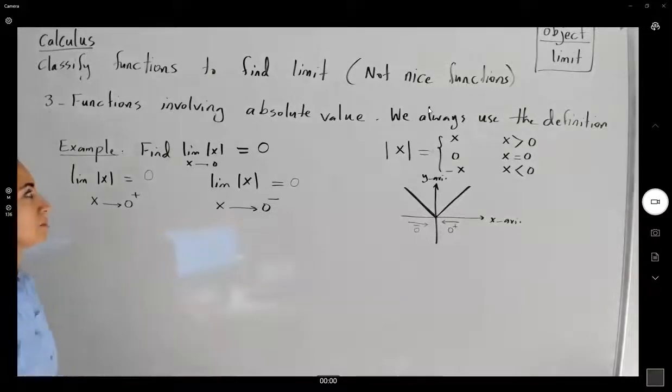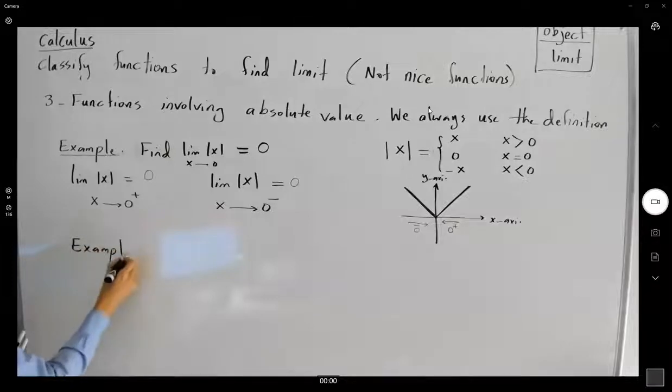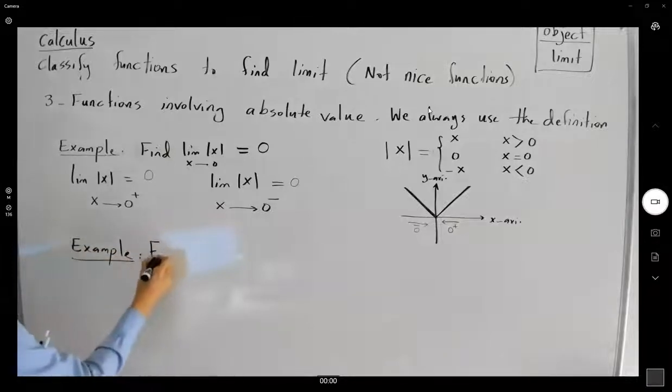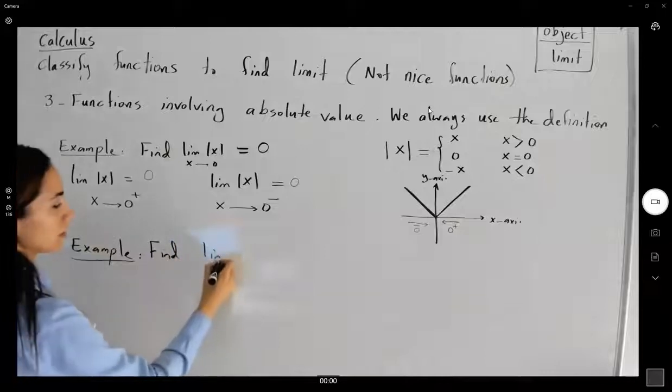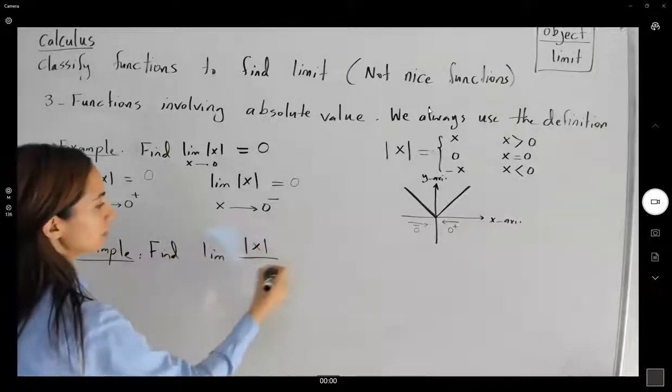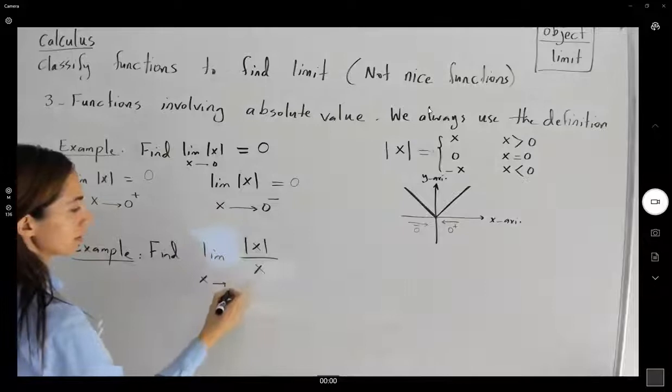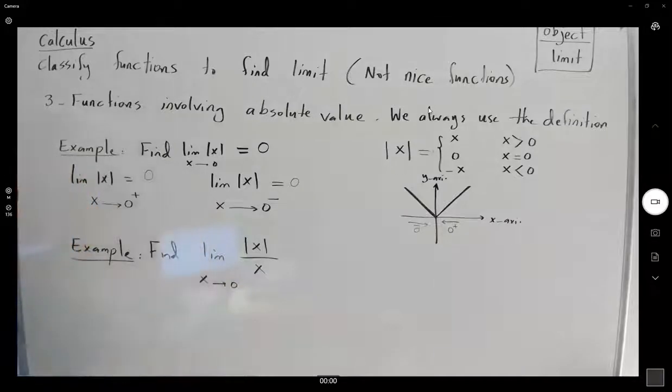It means that the limit is equal to 0. Give us another example. What about this one? Find the limit of absolute value of x divided by x as x approaches 0. Very well.